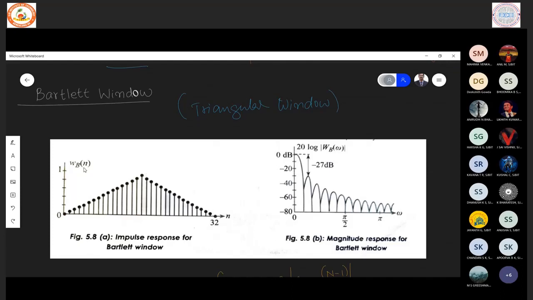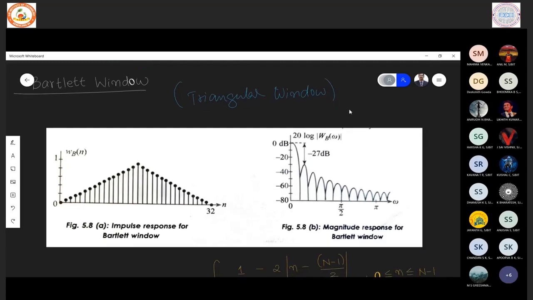It is shaped like a triangle, so it's also called the triangular window. If you look at the magnitude response, we observe that the difference between the DC level and the first side lobe is minus 27 dB. There we had 13 dB, here we have 27 dB of difference, which is relatively good.